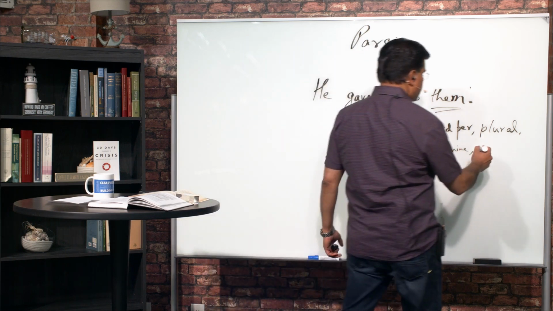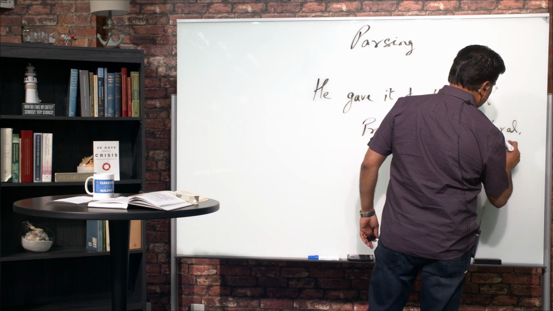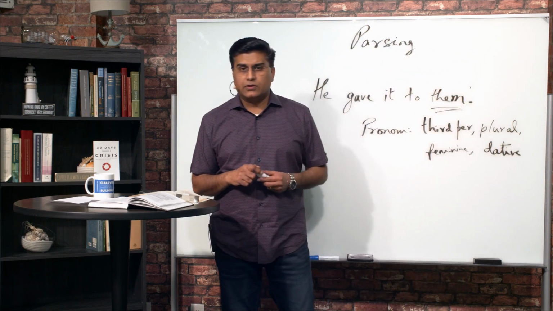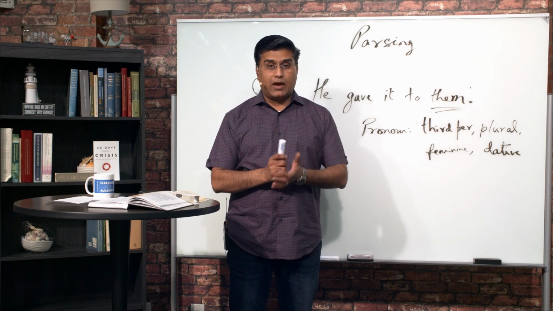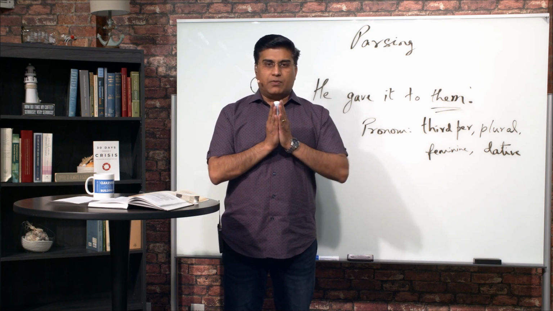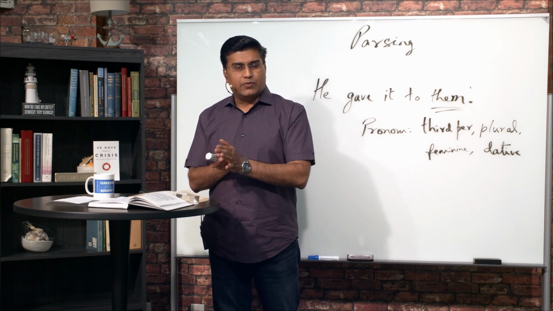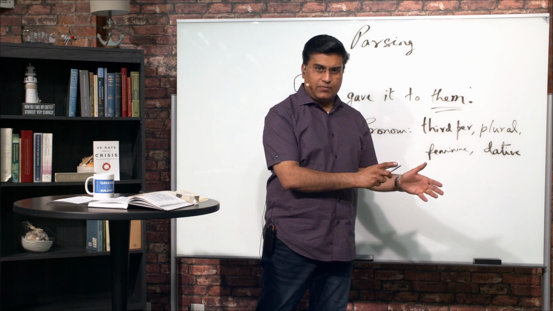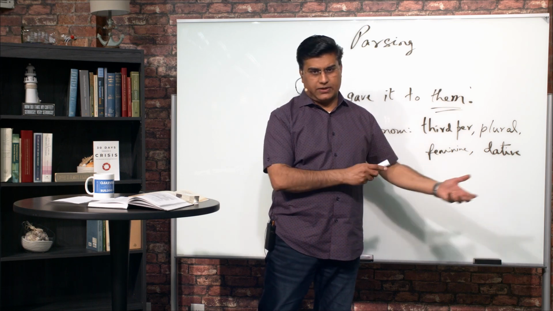So it's third person, plural, feminine, dative. That's how you parse that word if it's a pronoun. Now keep in mind we're only focusing on English examples because the better we understand English examples, the better we can then handle the Greek examples, the Greek parsings.